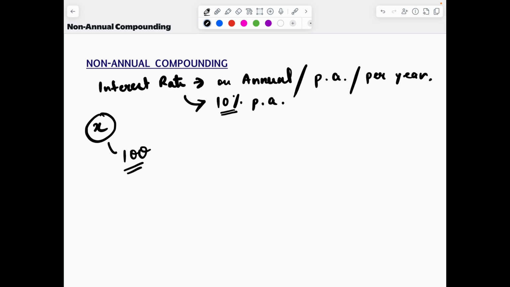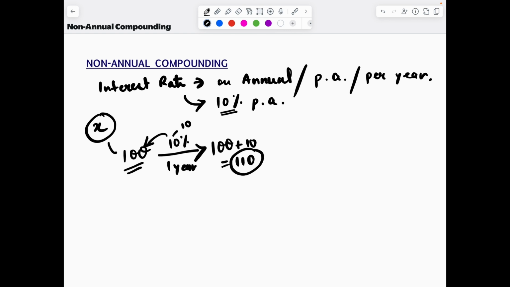After 1 year, the bank is going to charge an interest of 10% on this. So 10% of 100 is how much? 10. So after a year, if you repay, you have to repay principal plus interest, which is 110. This is the basic concept.